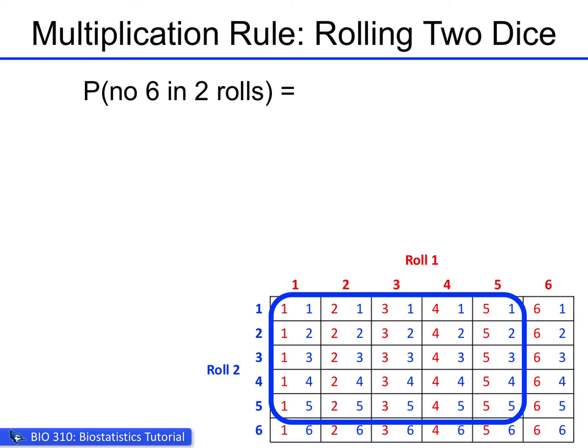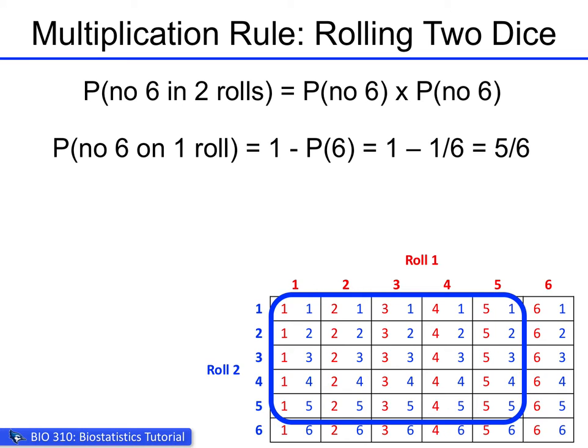Okay? So the probability of no 6 in 2 rolls, we can write like this, P no 6 in 2 rolls. And that's going to be equal to the probability of no 6 in 1 roll times the probability of no 6 on the second roll. And the probability of no 6 in one roll is equal to 1 minus the probability of getting a 6.